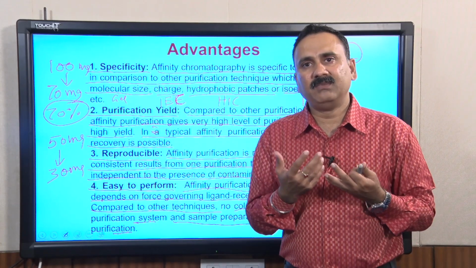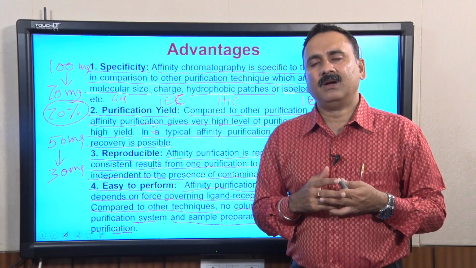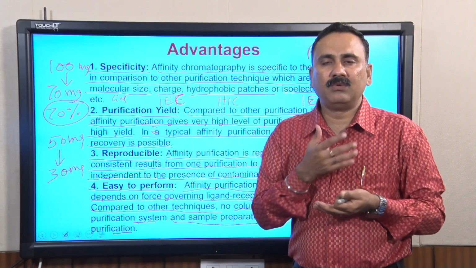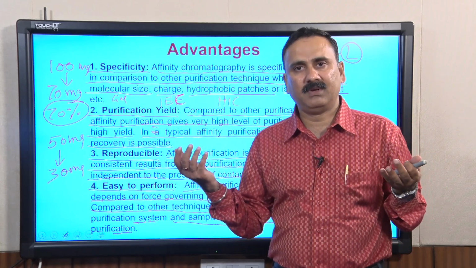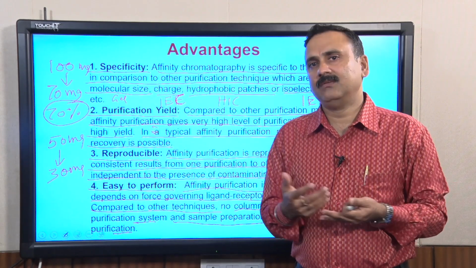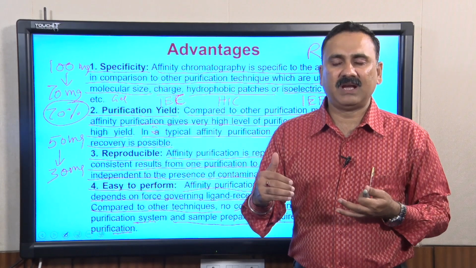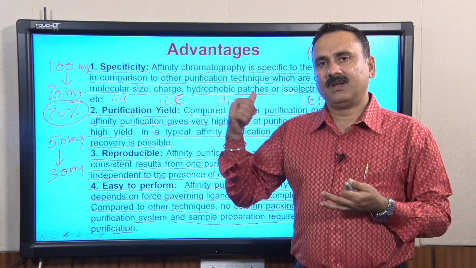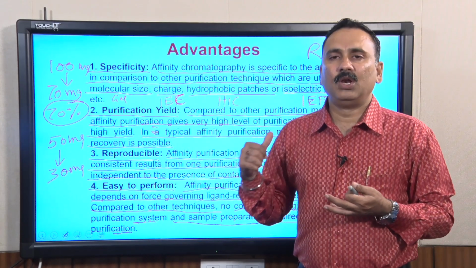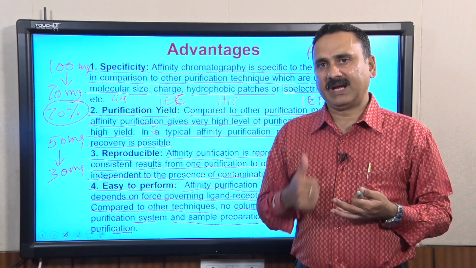If you keep the beads in a beaker, incubate them with your crude sample, then spin down, remove the flow through, wash once, and then your beads are ready to be eluted by the specific analyte. That is why affinity chromatography brings a lot of advantages compared to all other chromatography techniques.